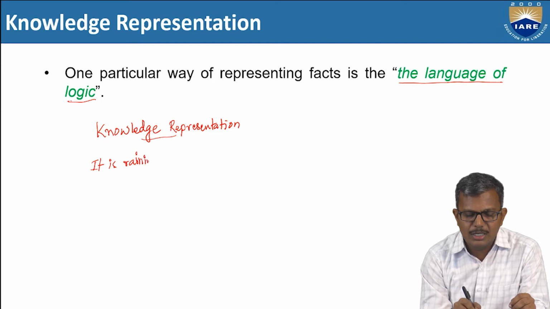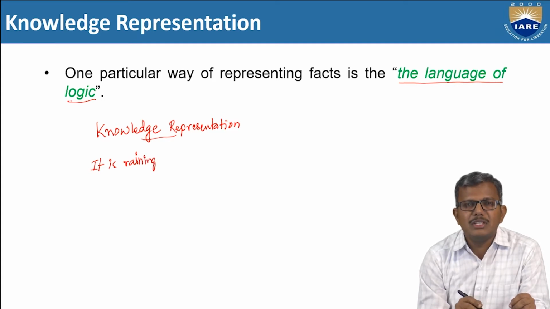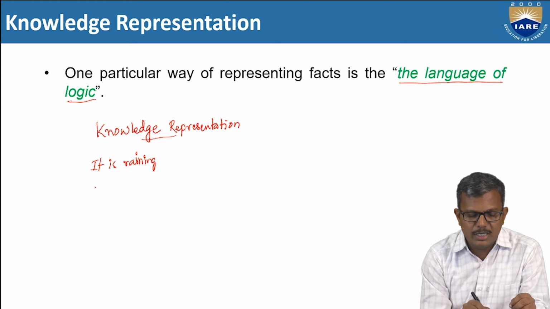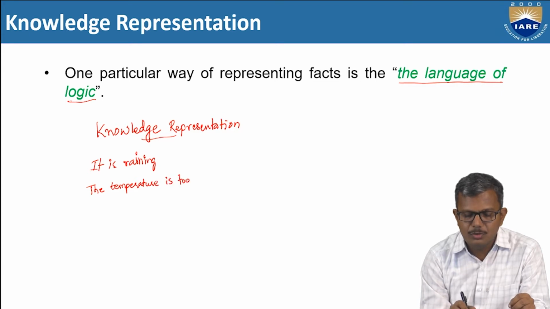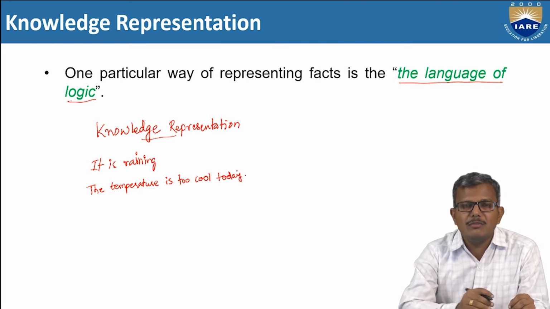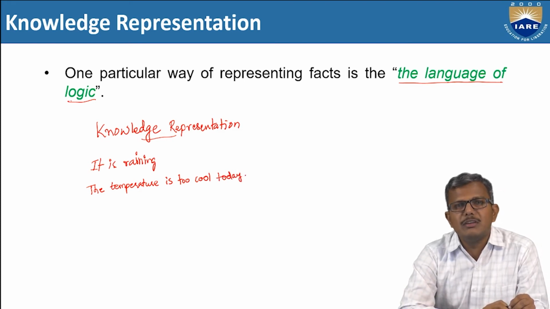If the temperature is cold, I can represent the knowledge in simple words using English like this: the temperature is too cool today, or otherwise, too cold today. With the English language, it is very easy to represent knowledge.